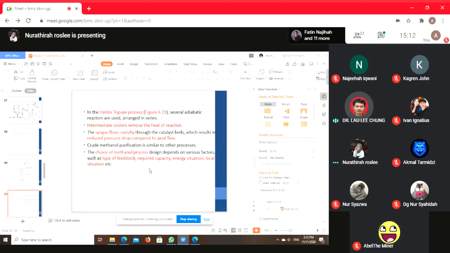So what are the feedstocks? Two types. One is gas, from natural gas, yes, natural gas, biogas. Another is liquid. What's the name of that liquid?